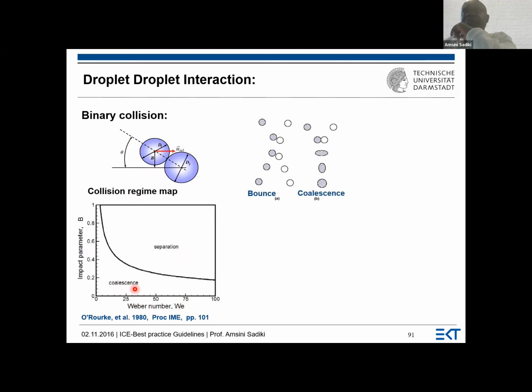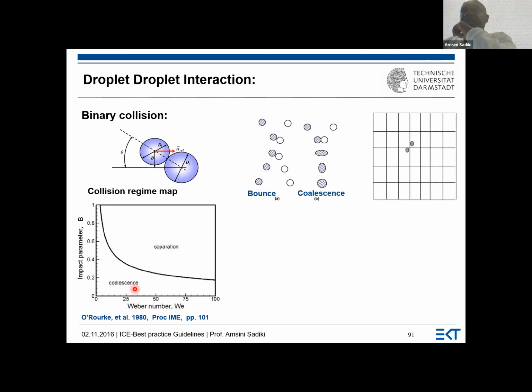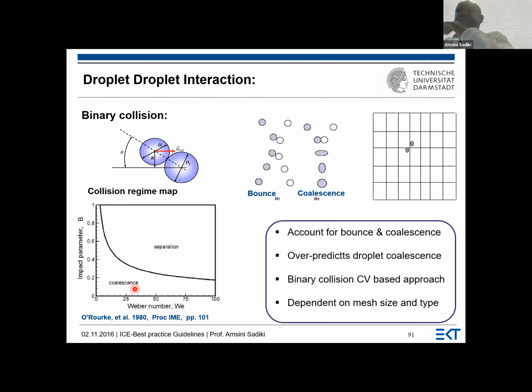But in reality, we don't have only the coalescence and the separation, but we have other processes.